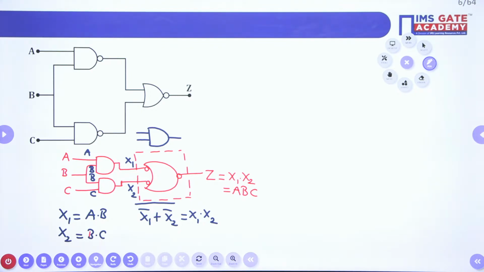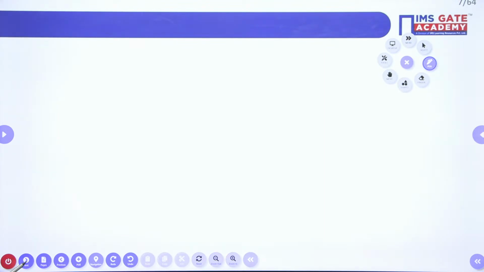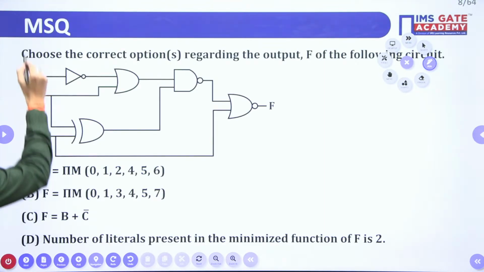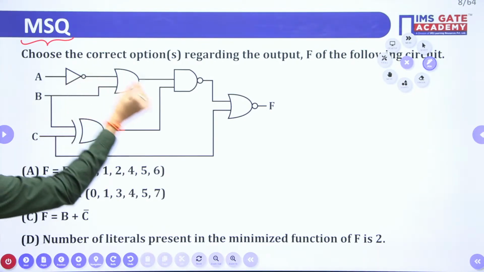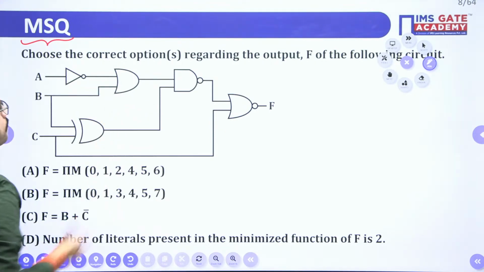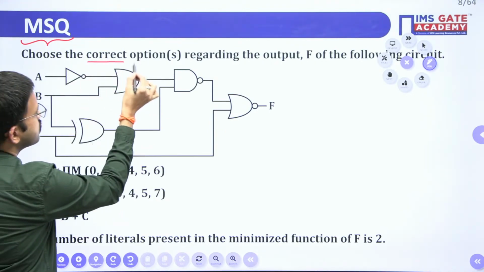Yes, very good. Okay, now I will show the next question. This question is also MSQ. That means either one option or more than one option can be correct. They have given one logic circuit and you have to choose the correct options.